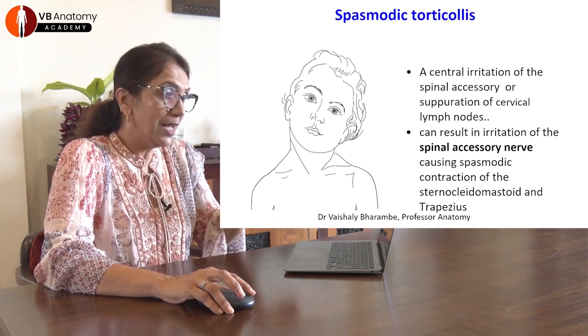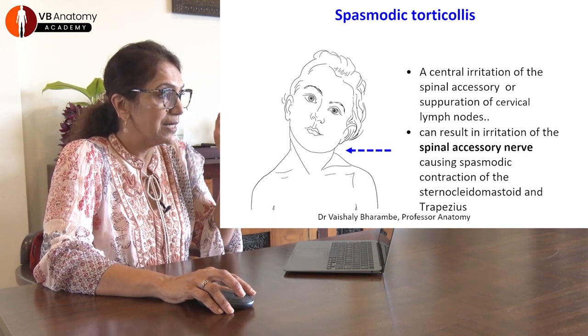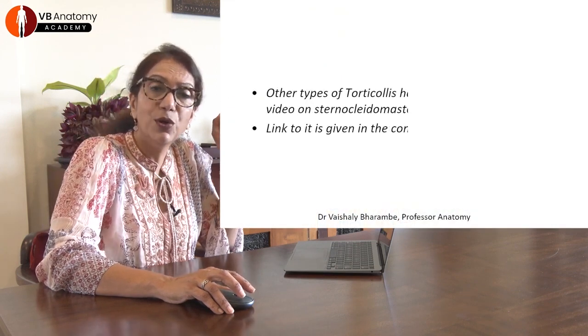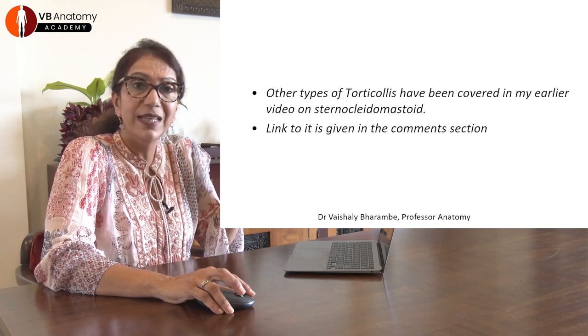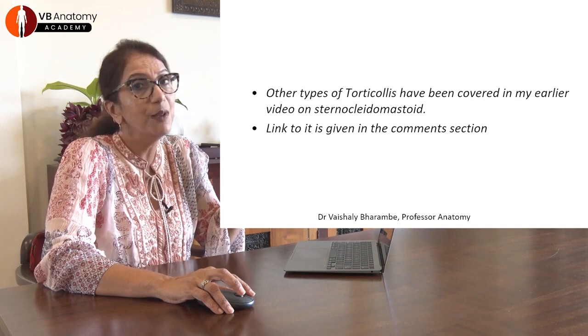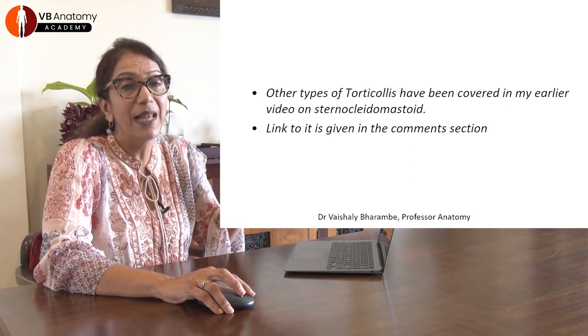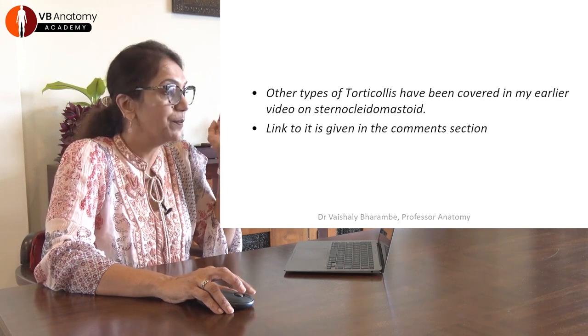Okay, now see how that's where the contraction is taking place. Now just remember, an entire section on torticollis has already been taught in my lecture on sternocleidomastoid. I want you to go see that and study about torticollis there. I won't be elaborating on that in this lecture.